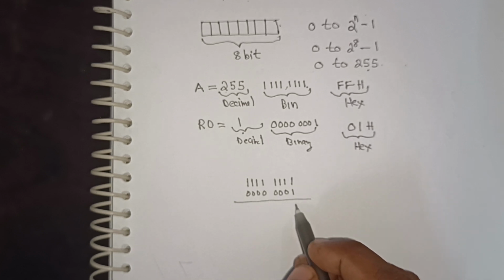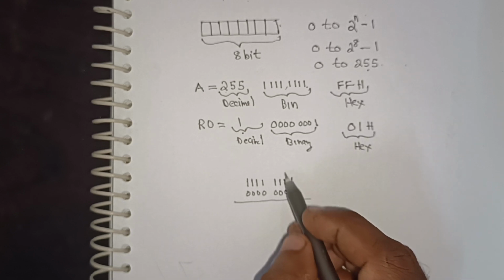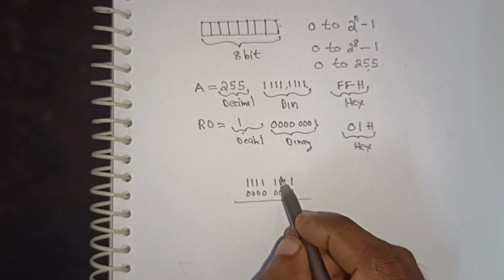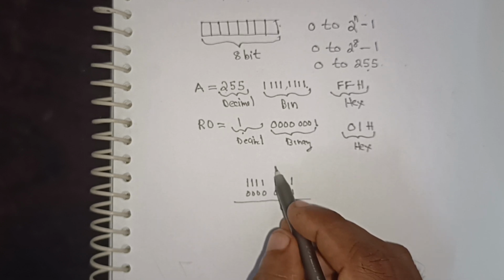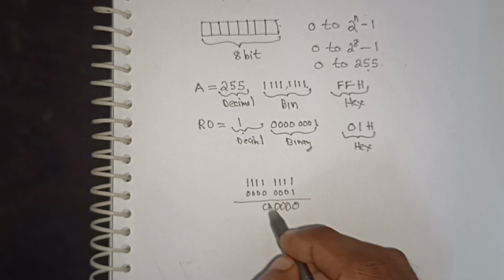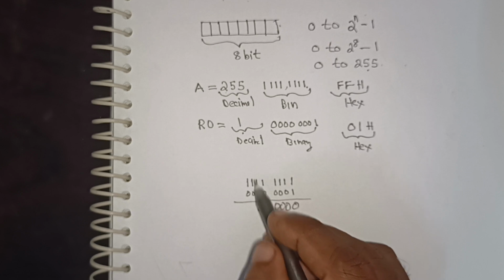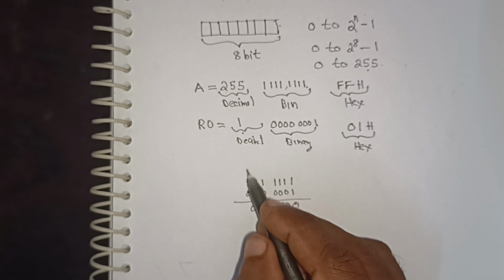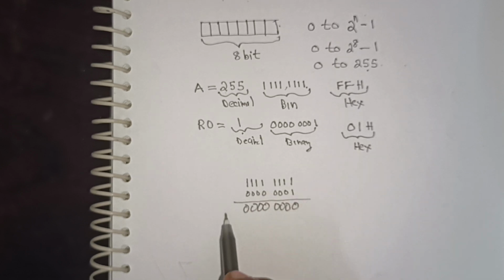1 plus 1 is 2, right? 2 means 0, since 10 is 2, so 0 and 1 is carry. 1 plus 1 is 0, carry 1, 1 plus 1 is 0, carry 1, and so on. 1 plus 1 is 0, and there is a carry.